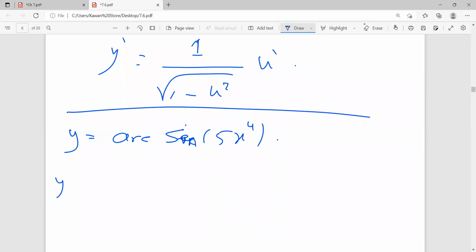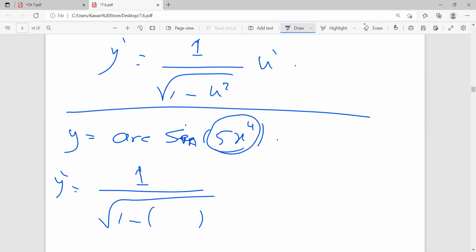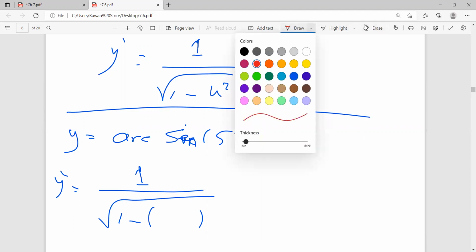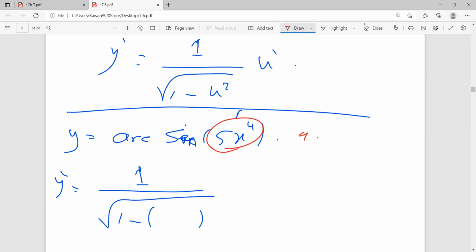How? The derivative of y is equal to 1 over square root of 1 minus u squared. Where is u? Here's u. So u is equal to 5x to power 4. So you say u squared means 5x to power 4, squared, multiplied by u prime.